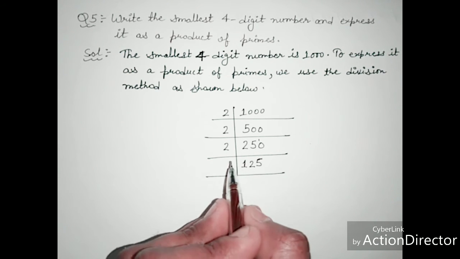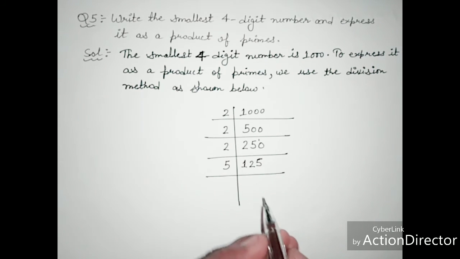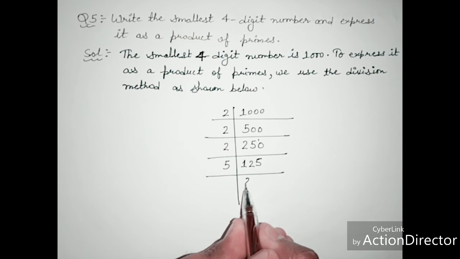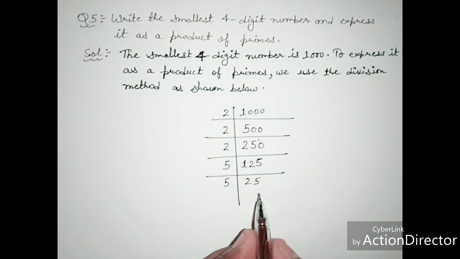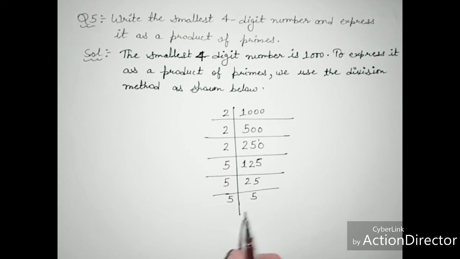Then divide by 5, 5 twos are 10 and 5 fives are 25. Then again by 5, 5 fives are 25. Then again by 5, 5 ones are 5.